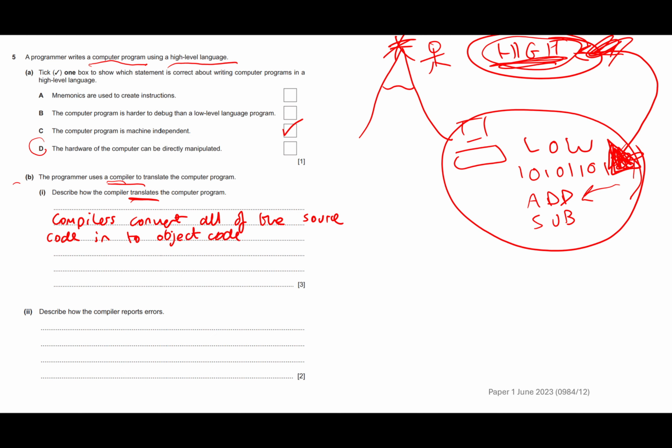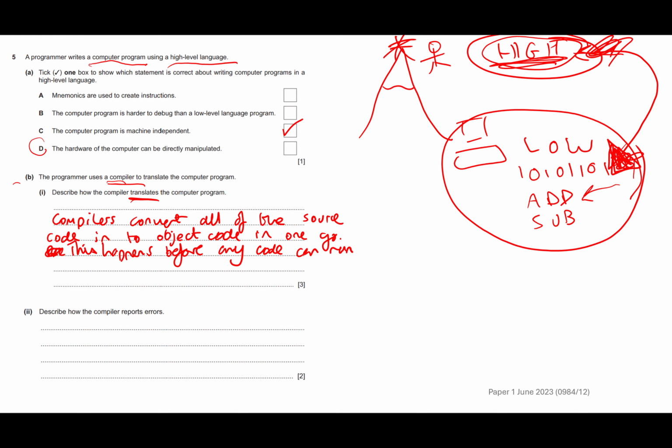So compilers convert all of the source code into object code in one go. So it does it all together. I'm also going to add, let's say, this happens before any code can run.